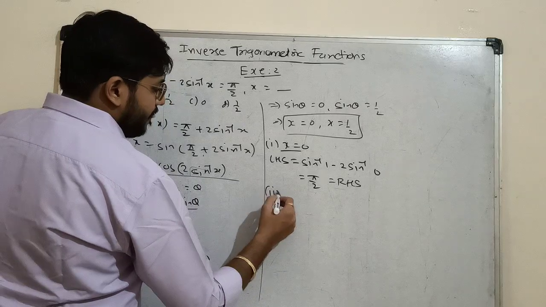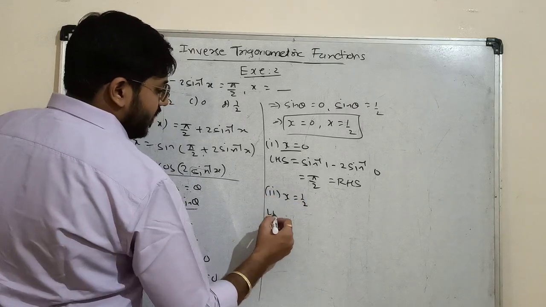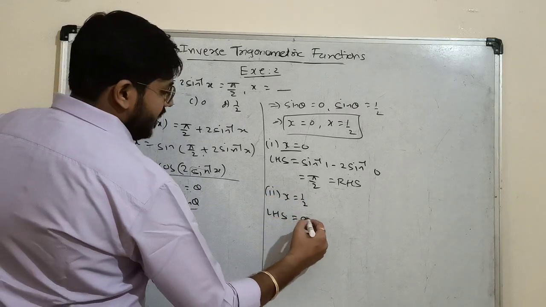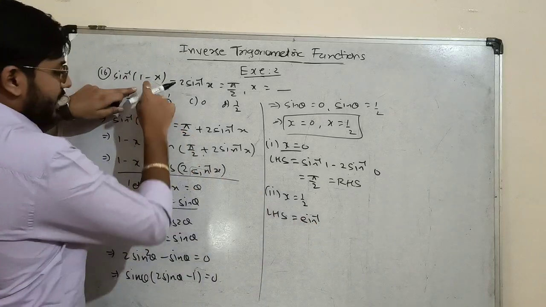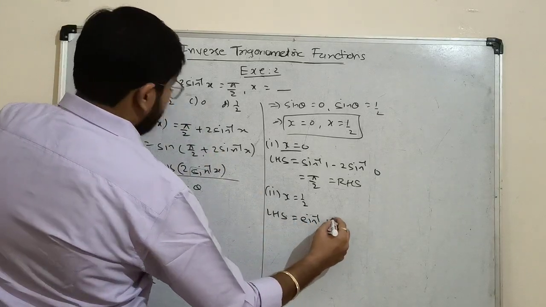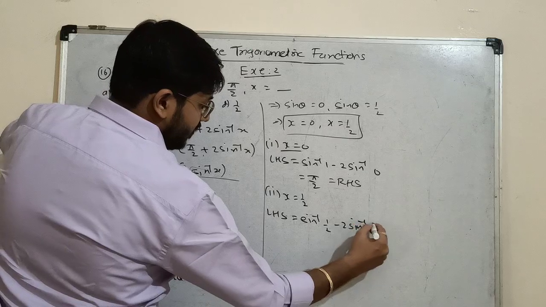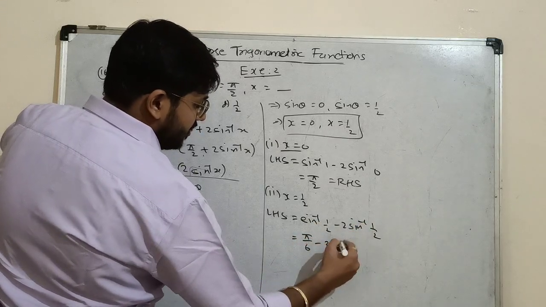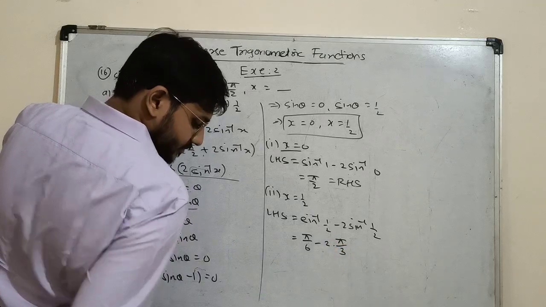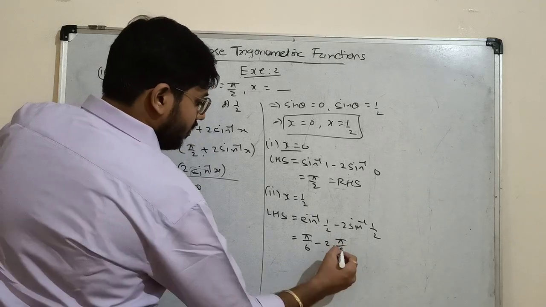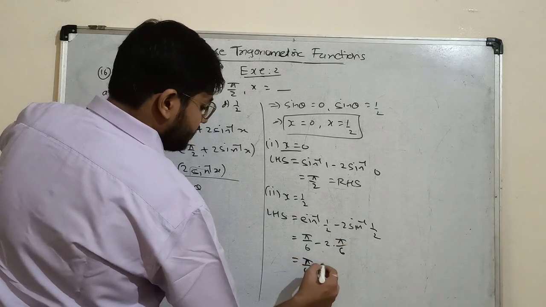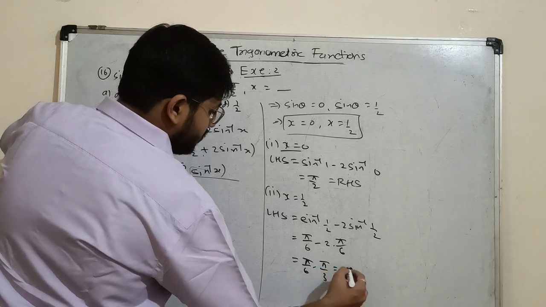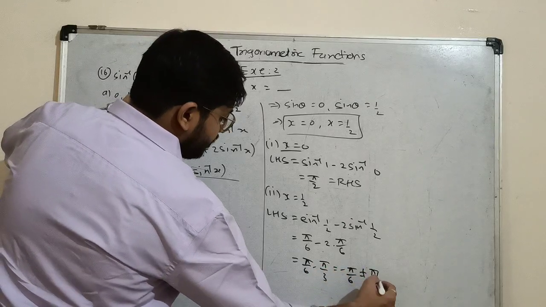Now in the second, let me take x equals half. So the LHS will be sine inverse (1 minus half), that is half, minus 2 sine inverse half. So sine inverse half is pi by 6, minus 2 into pi by 6. Which will give us pi by 6 minus pi by 3, which equals minus pi by 6, which is not equal to pi by 2.